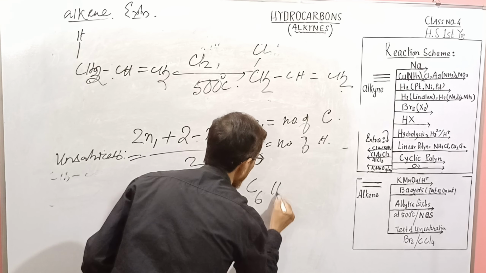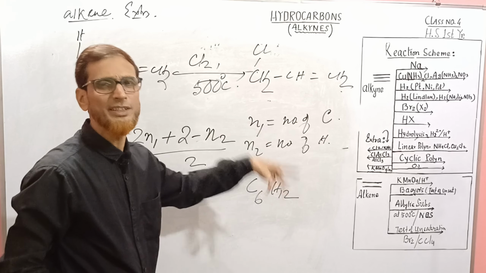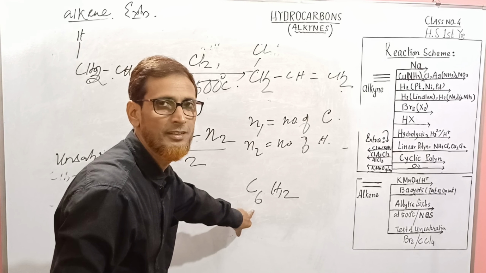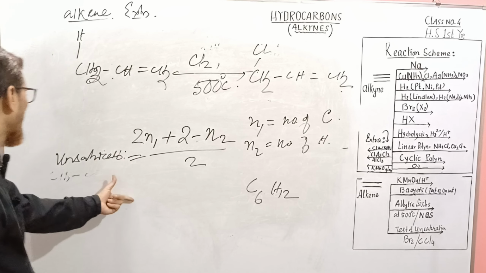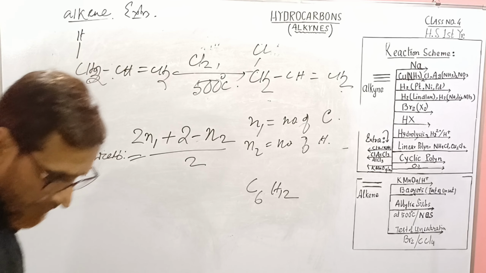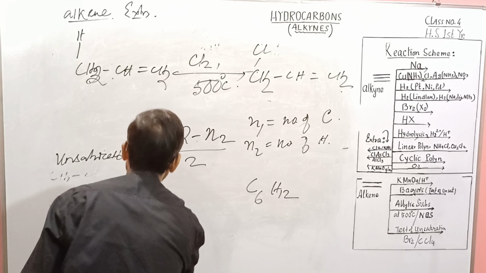Let me take this compound. It is CnH2n. It is an alkene; a double bond is there. Now let us calculate how many double bonds are there in this structure. It is a very important formula: 2n1 plus 2 minus n2 divided by 2.